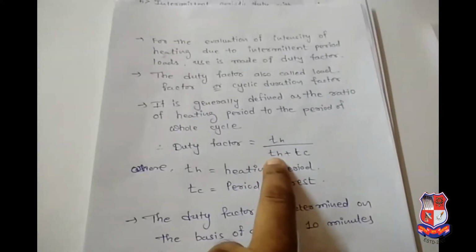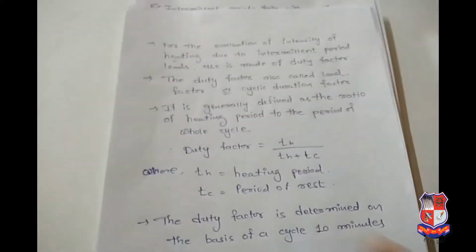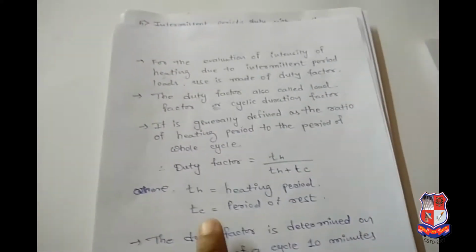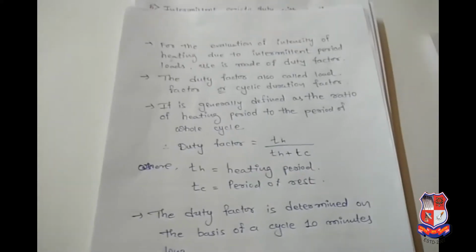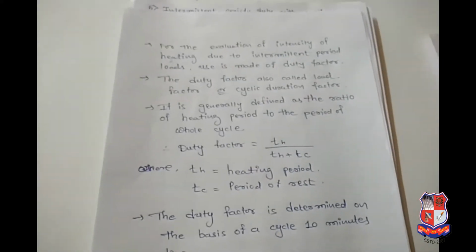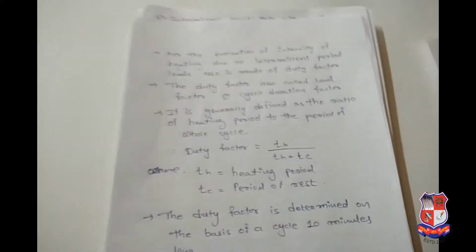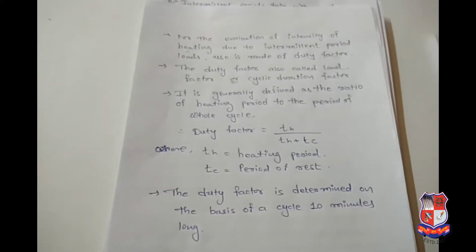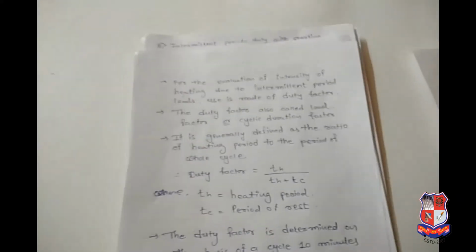As per the definition, the duty factor is TH divided by TH plus TC. TH means heating period, and TH plus TC is heating period plus cooling period, which is the whole cycle. The duty factor is determined on the basis of a 10 minute long cycle. So duty factor is most important in this type of duty cycle.